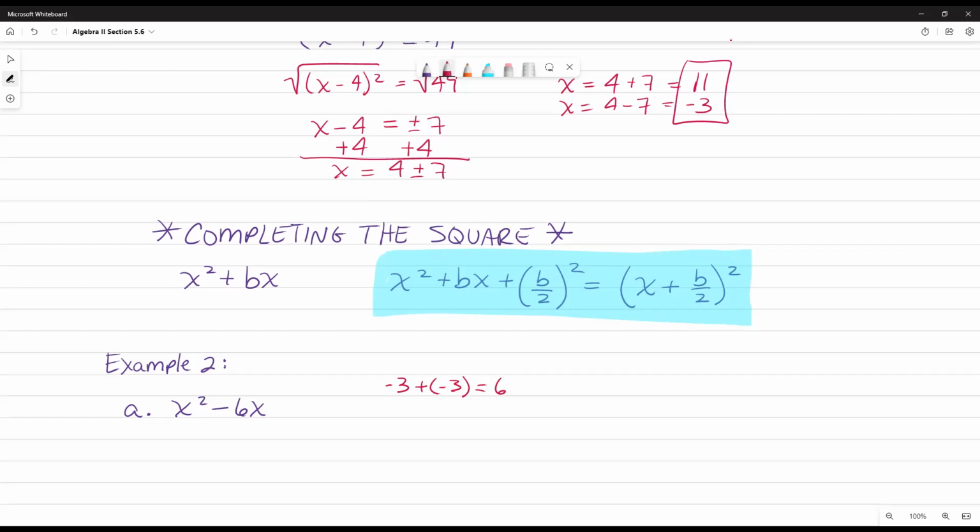I'm going to show you this one way, and then I'll show you using the formula that they gave us how that works. We know that -3 plus -3 gives us -6, which is our b term, and we need a c term to make this a trinomial. So what's -3 times -3?